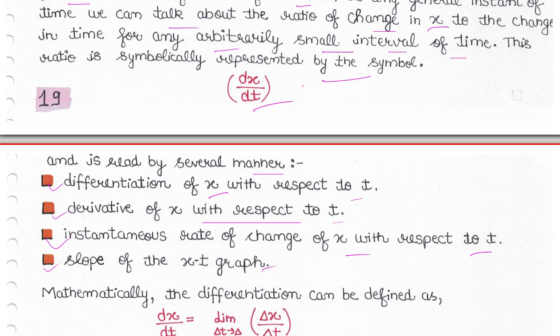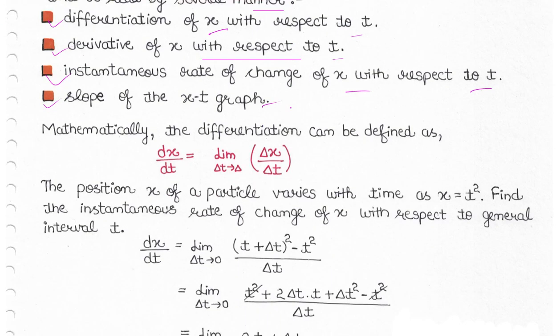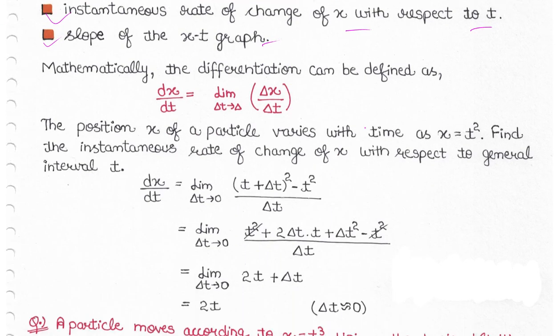So we can say these four sentences about dx/dt. Mathematically, the differentiation can be defined as dx by dt equal to the limit as delta t tends to 0 of delta x by delta t.